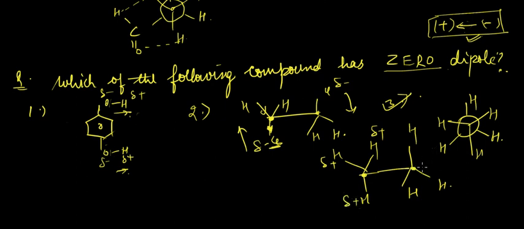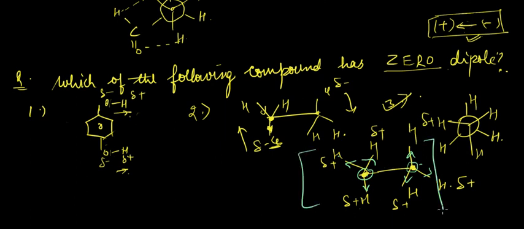Similarly, between these two atoms there would be no dipole moment, as both the atoms are at relatively the same electronegative level. So in all the cases, if you draw the vectors, you can see that the dipole moment between this carbon and this hydrogen would be in this direction, and between this carbon and hydrogen in this direction. Similarly for all these atoms. So the net value for this would be 0, and for this would be 0, hence the dipole moment of the complete compound would be 0.